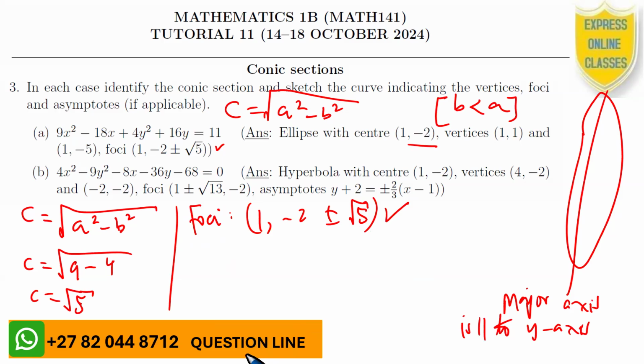So it was a good memory exercise for us to remember the ellipse. We did the ellipse a while ago. The hyperbola we have just done recently, so we are able to remember the hyperbola.